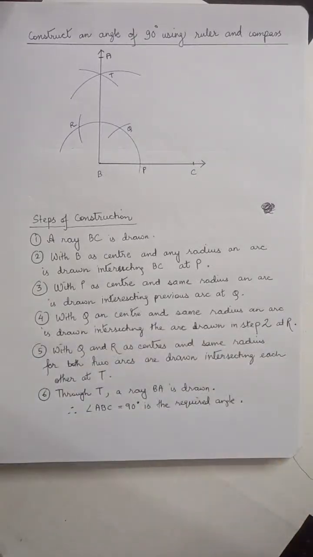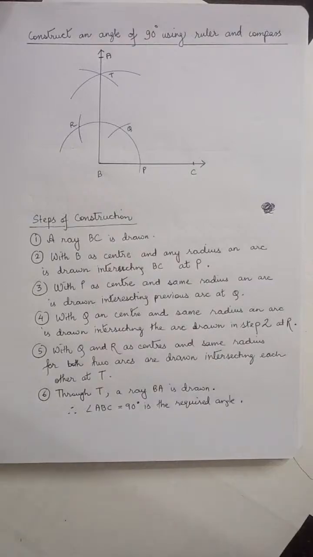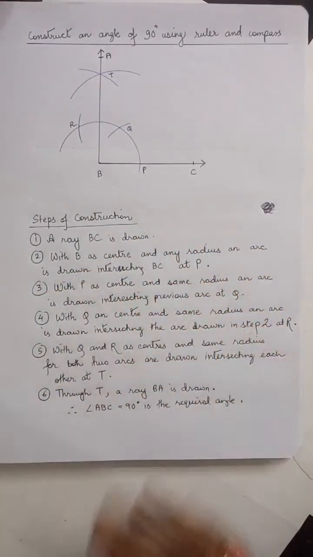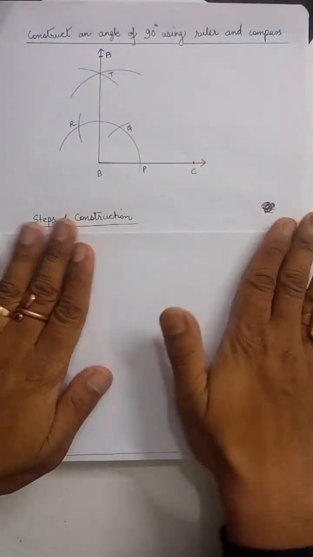I will just write the extra steps here, because if you are constructing a 45-degree angle, the first six steps here will be exactly the same. So I will continue from point number 7.